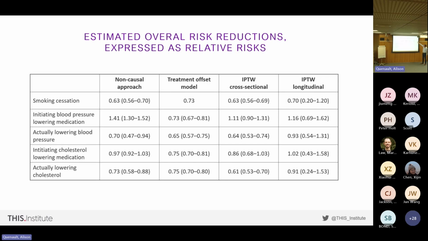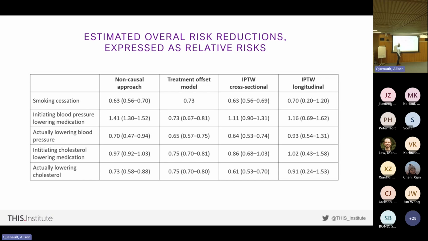So here are the 3 different interventions: smoking cessation, initiating blood pressure lowering medication, then actually lowering blood pressure, initiating cholesterol lowering medication, so that's statins, and actually lowering cholesterol. And then we have the traditional approach, or the non-causal approach, the treatment offset approach, where we use data from RCTs.